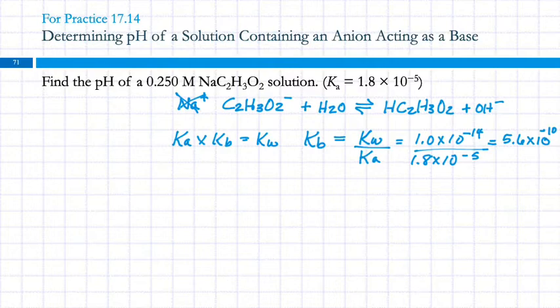Wait, where did you get the 1.0 times 10 to the negative 14? That's what Kw is. Oh. Okay. But it's good that you asked, because there's probably five other people that were wondering the same thing.